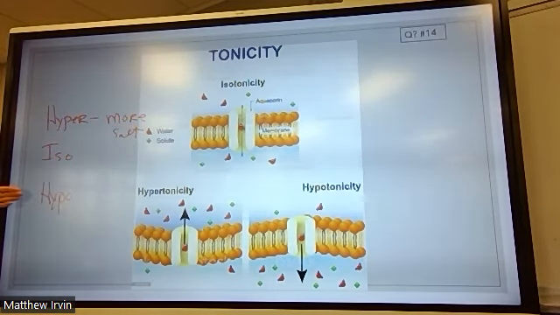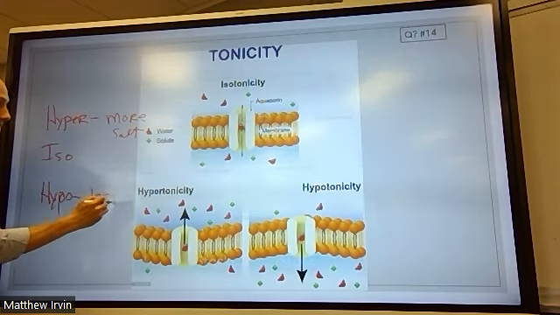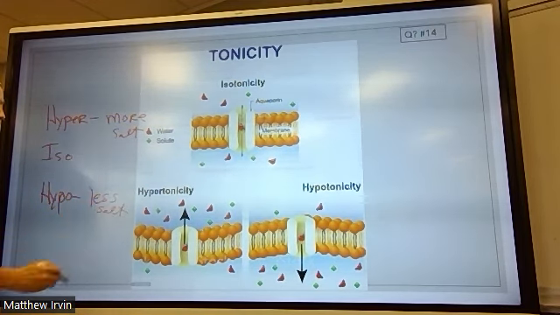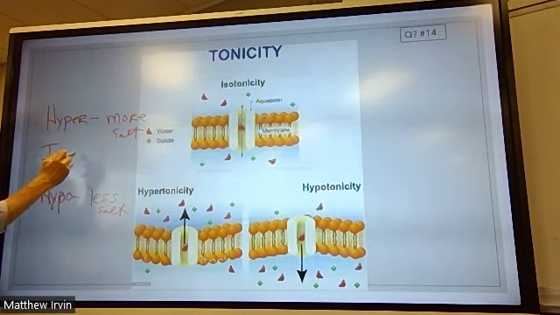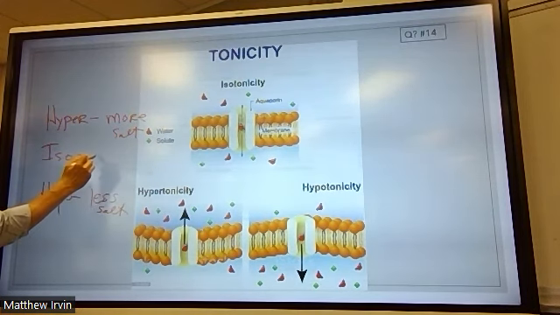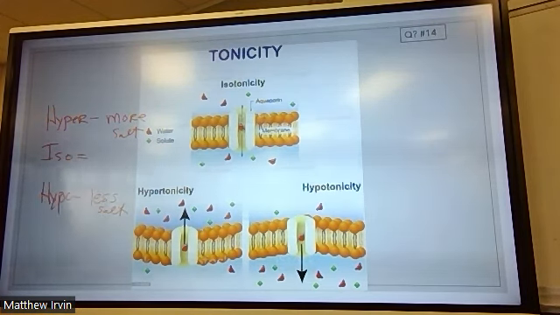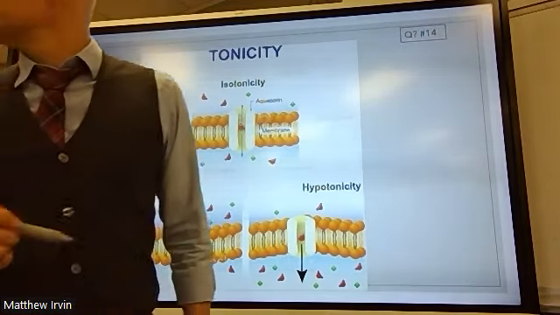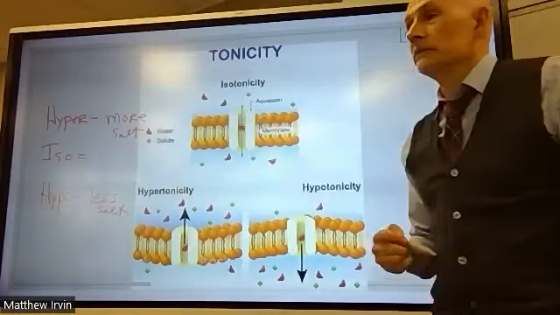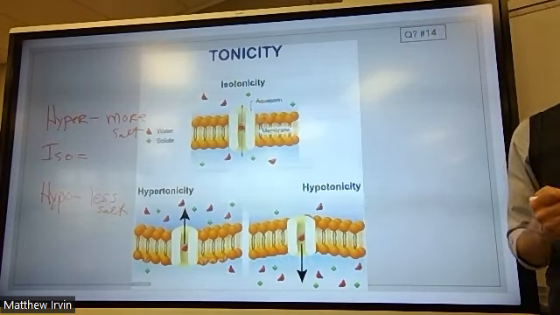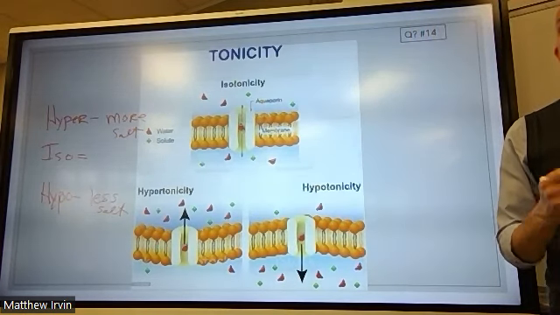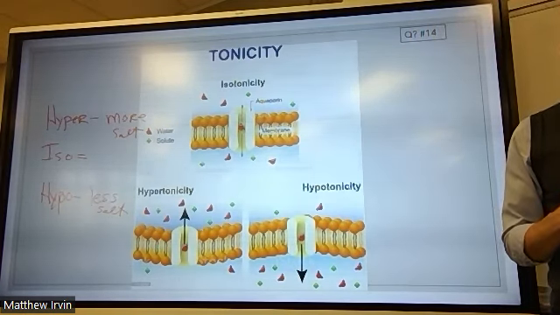So then if it's hypo, it has more water, less salt, more water. Iso is equal. This is only relative, right? Right, it is. I mean, you can have absolute measures of it, like you can know what the concentration is.